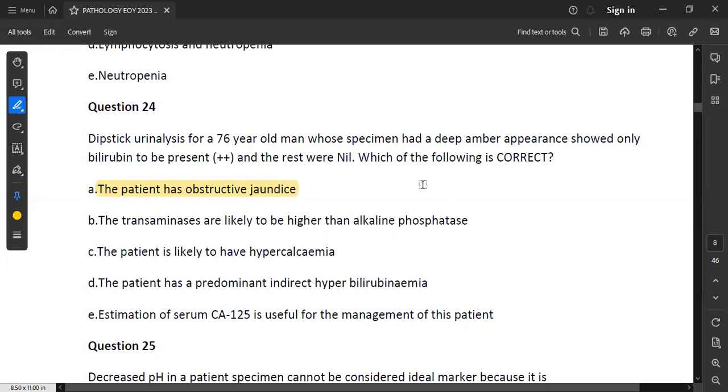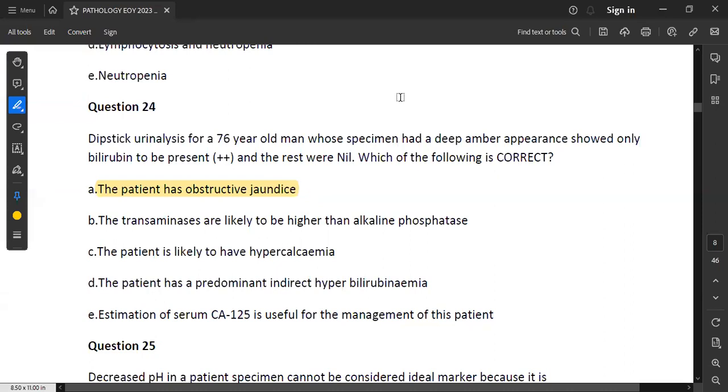Estimation of serum CA125 is useful for the management of this patient? No, because what tumor is serum CA125 indicative for? Yeah, ovarian tumors. So it's not useful in the management of this patient.